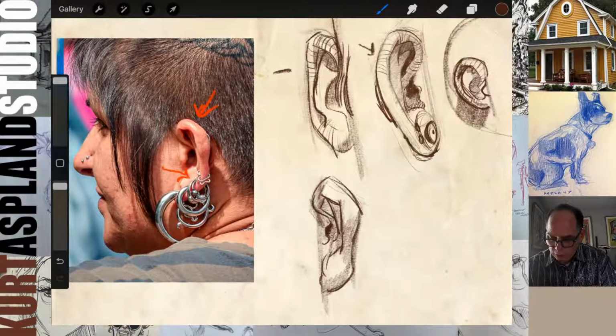And now I'm going to go in with a darker tone to get the darker areas. So I'm only dealing with three tones: the white of the page, that middle tone, and then that dark tone.